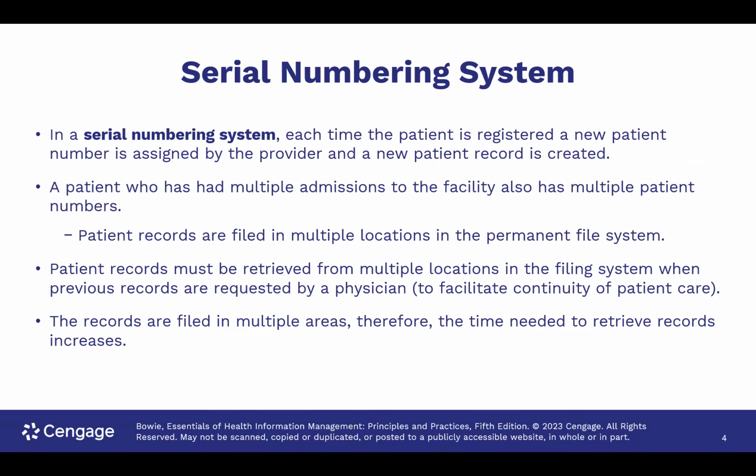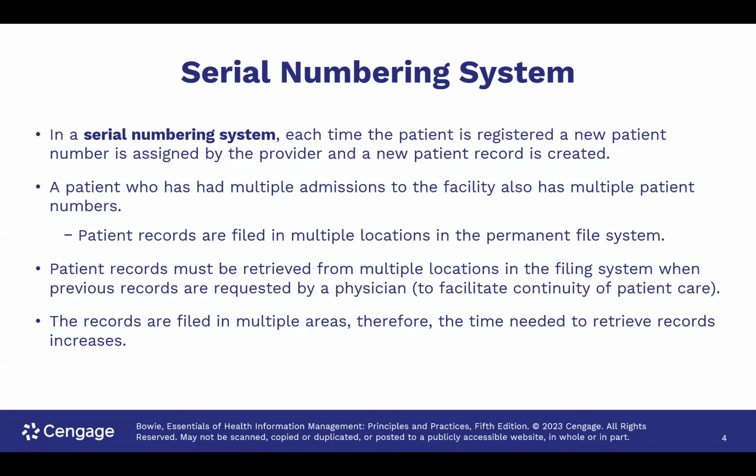With the serial numbering system, each time the patient is registered, a new patient number is assigned and a new patient record is created. So if you have a patient that's admitted 7 times to the same facility, they would have 7 different patient numbers. And these patient records would be filed in multiple locations in the permanent filing system, which we'll talk more about in a bit.